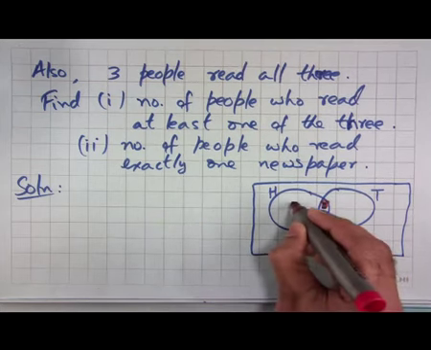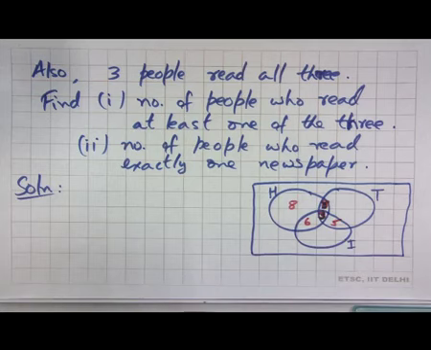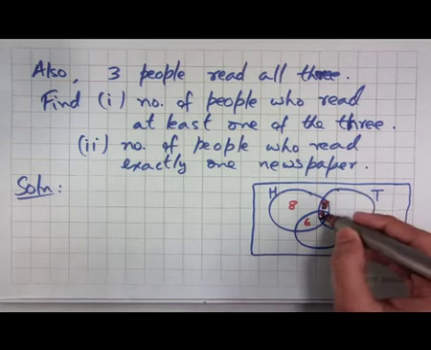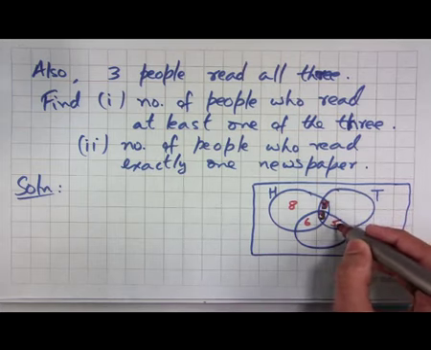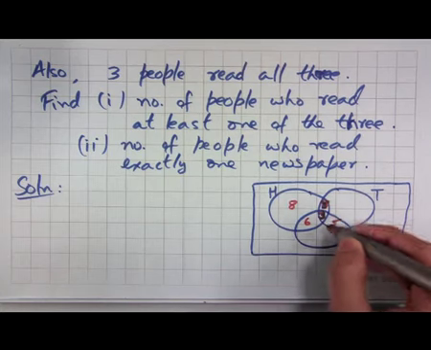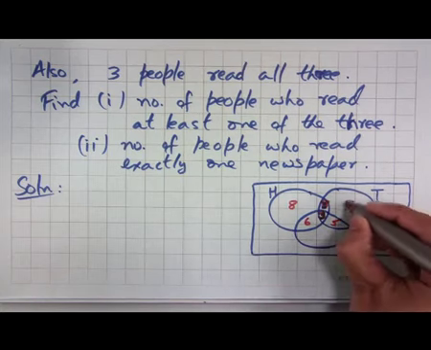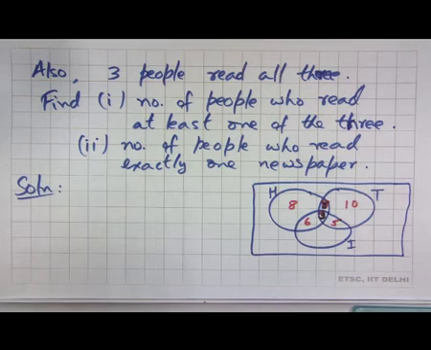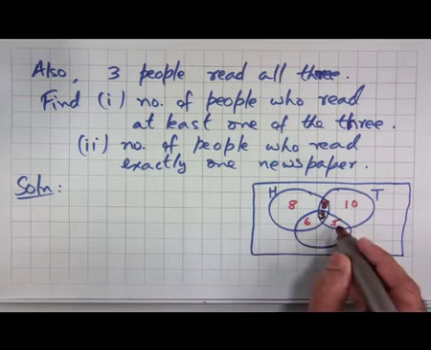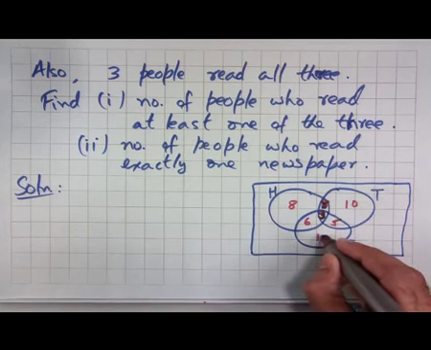So, this is 8 people who read only H, and then only T is 26. So, we have 8 plus 3, 11, plus 5 is 16. So, 10 are here, and then only I is 26. So, 6 plus 3, 9, plus 5, 14. So, 12 are here.